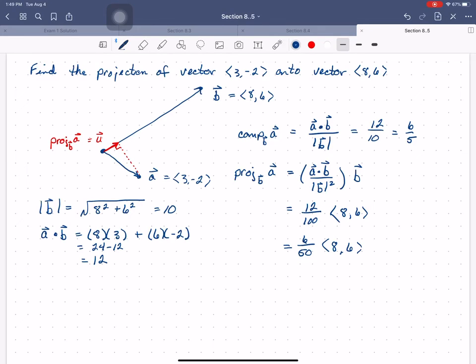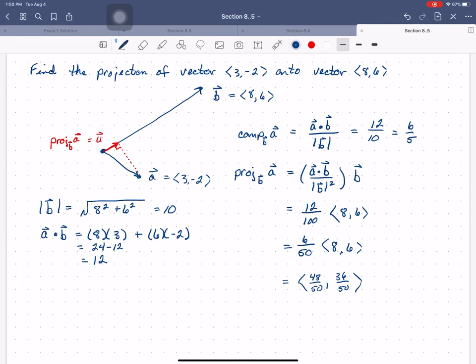And we remember from the last section that when we were multiplying a vector by a scalar quantity, we just multiply the scalar through the vector components. So we end up with 6 times 8 is 48 over 50, and 36 over 50 for 6, because 6 times 6 is 36.